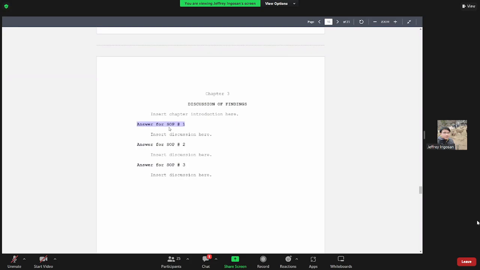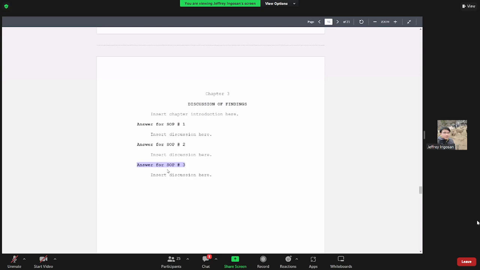Similarly, if your SOP number 3 would be focused on determining the level of usability, then you could say here, level of usability of the proposed information system. So if your title here would be level of usability of the proposed information system, then in the table of contents, that's what you will write here. So you change the titles here.